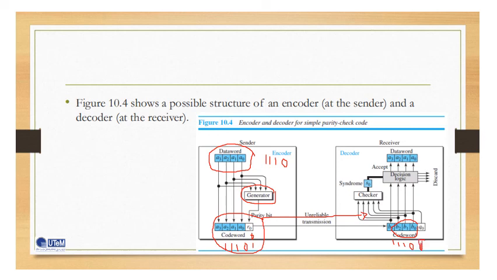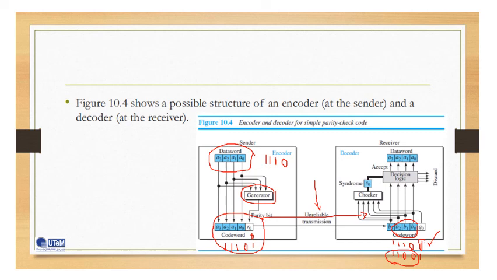Let's say something has happened in the middle of the transmission and one bit has changed. What will happen at the checker? The checker will add these numbers and find the total. It should be odd, because 1 plus 1 plus 1 plus 0 is 3. When it is odd, it will check the parity bit. Is it 1? If 1, then it will accept it.